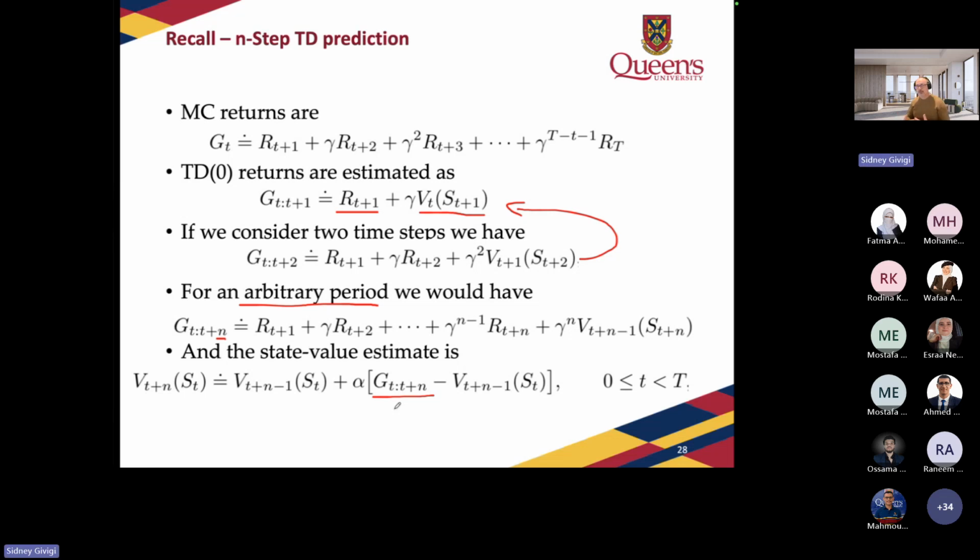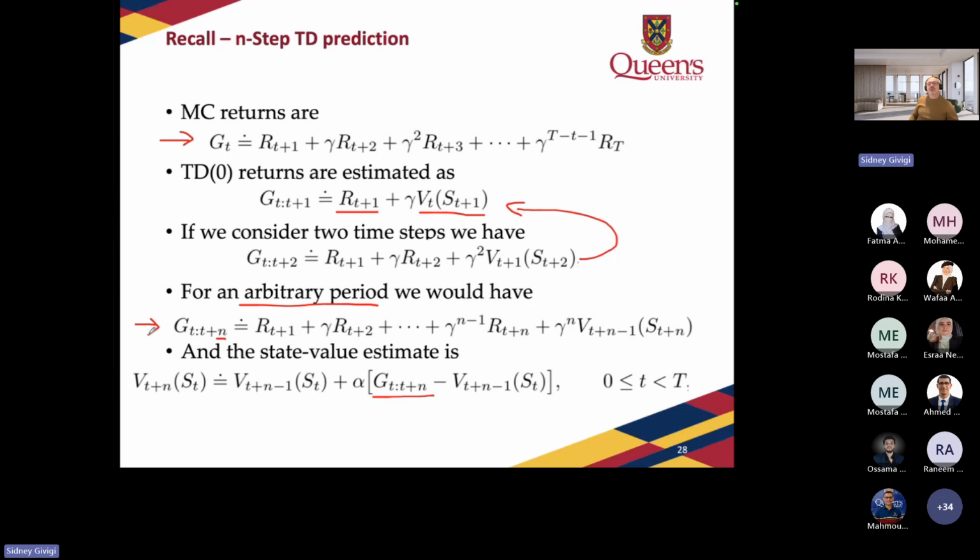eligibility traces create a way for us to unify these two ideas. So now we are going to have the Monte Carlo and the TD approaches unified through another parameter. So the cost is that we have to define a different parameter, okay?